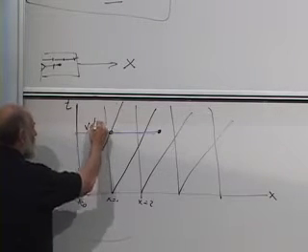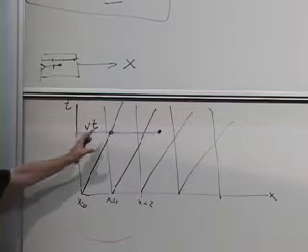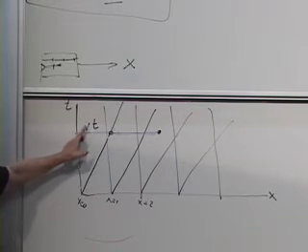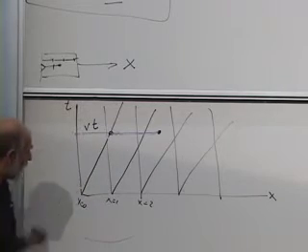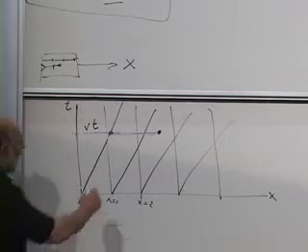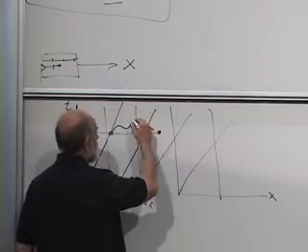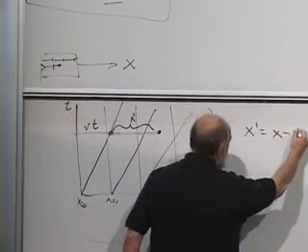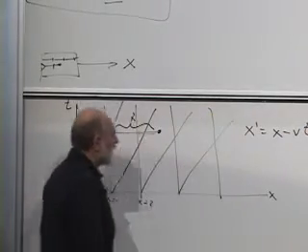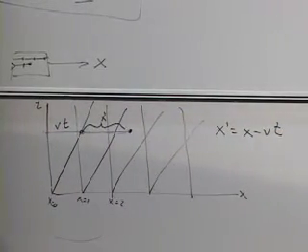Velocity of the elevator times time. That's how far the elevator has moved in an amount of time t. It's moving with a uniform velocity, v times t. So what is x prime? Here's x prime over here. X prime is equal to x minus vt. That's the relationship between the primed coordinate and the unprimed coordinate.